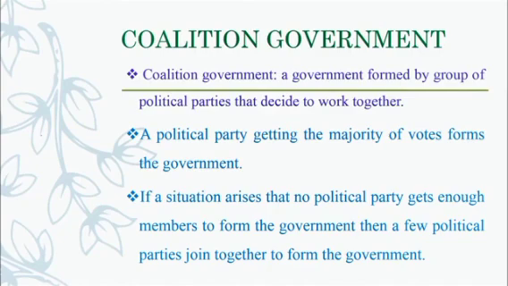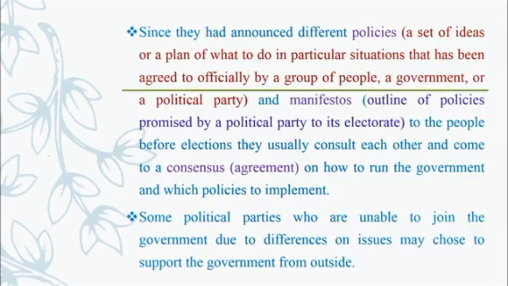That is called coalition government. Since they had announced different policies and manifestos to the people before elections, they usually consult each other and come to a consensus on how to run the government and which policies to implement.